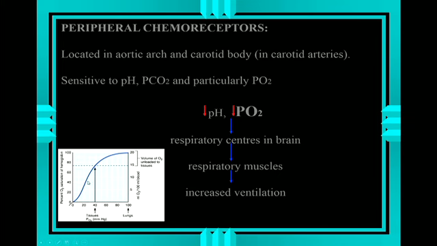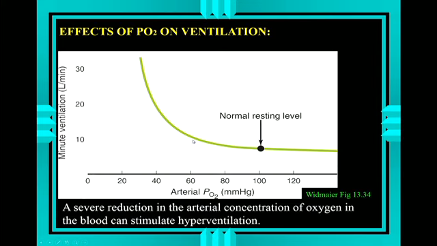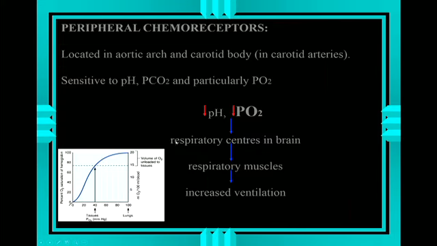Below 60, massive drops. So now you can see why our ventilation increases dramatically at low PO2s, less than 60. Because it's less than 60 where our hemoglobin saturation starts to drop dramatically. No coincidence, cause and effect.